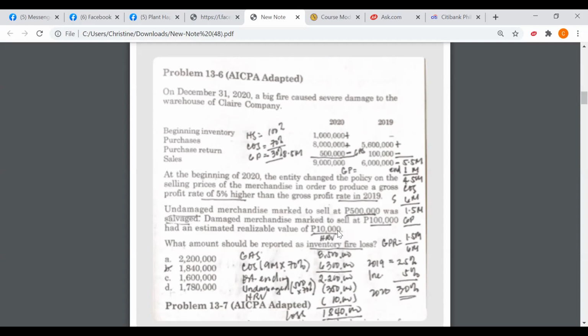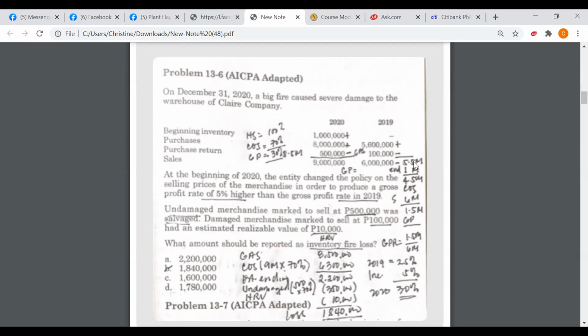So to compute now our inventory fire loss, we need first to compute for our gross profit rate of 2019. So we will compute for our gross profit. We don't have beginning inventory for 2019, so our purchases minus your return will serve as your GAS.